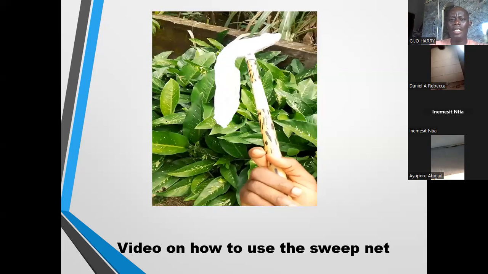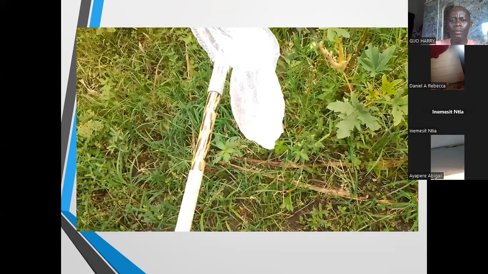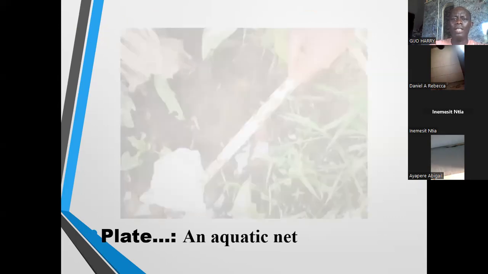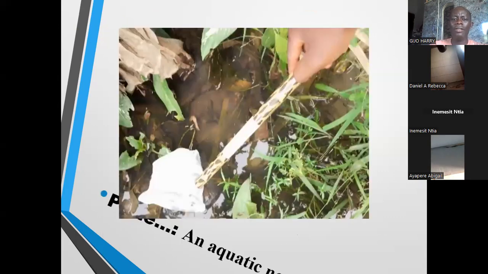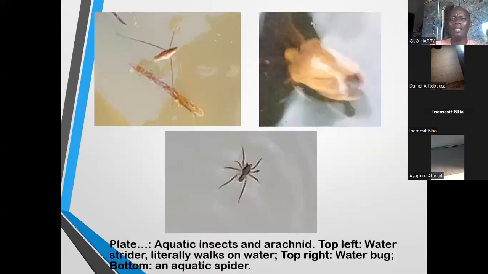You swing it, it collects these insects and arachnids, and you immediately flap it over, and then the contents are turned into a collecting bottle. And we also discussed the aquatic nets that are used to collect insects and arachnids found in the aquatic environment, such as this water strider, the bug, and the aquatic spider.